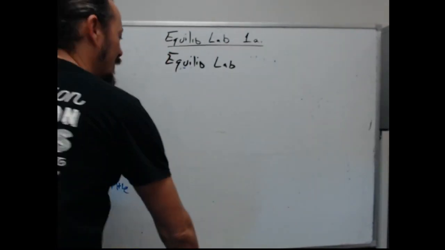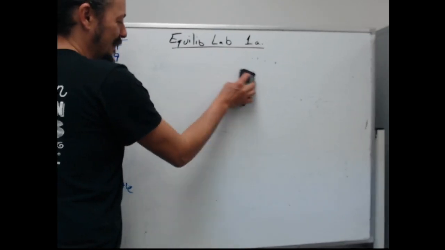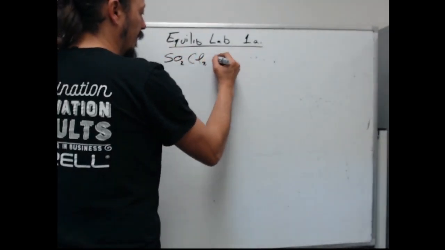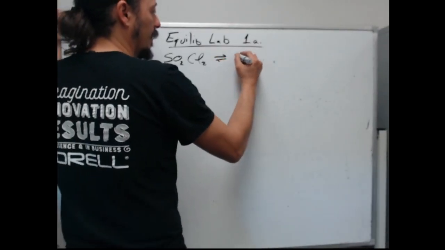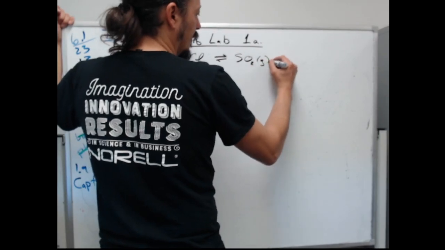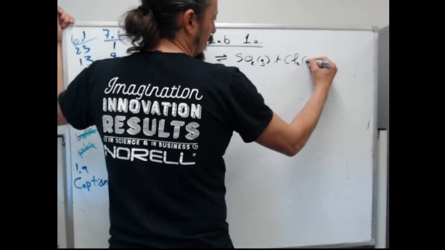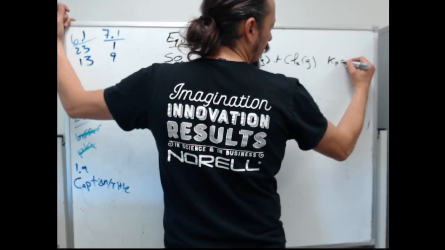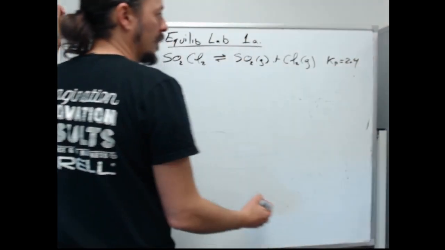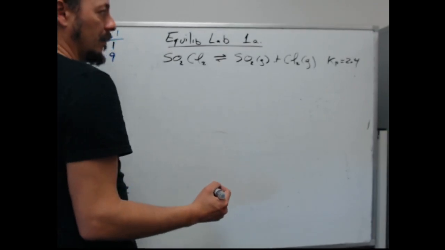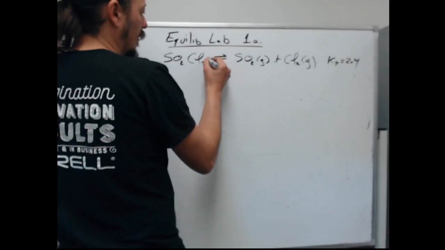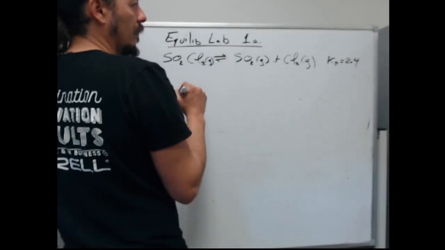Okay, let's do the problem. Can you go ahead and read the problem to me? Given the equilibrium SO2Cl2 goes to SO2 gas plus Cl2 gas, and then the Kp equals 2.4 at 100 degrees Celsius. It says determine if this reaction is at equilibrium under the following conditions, and state which direction the reaction will proceed to reach equilibrium.